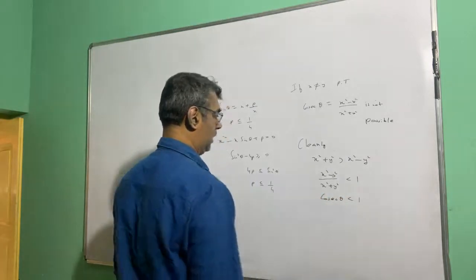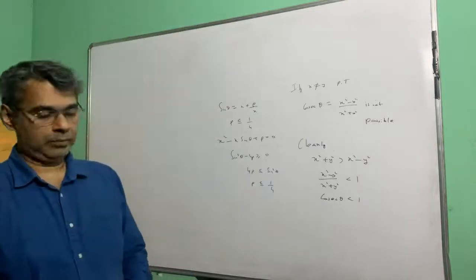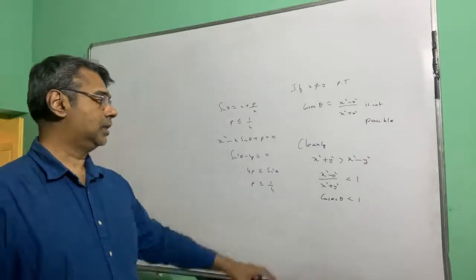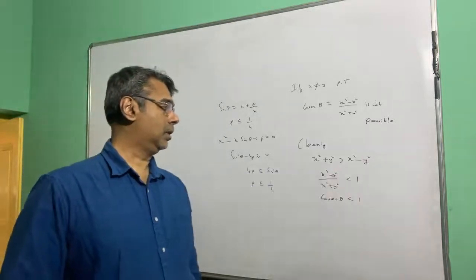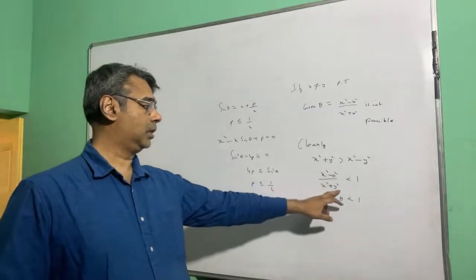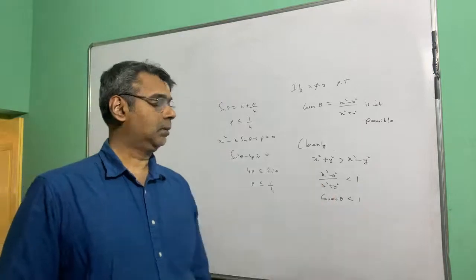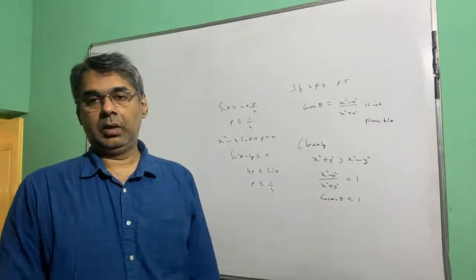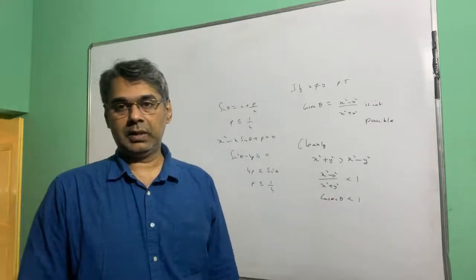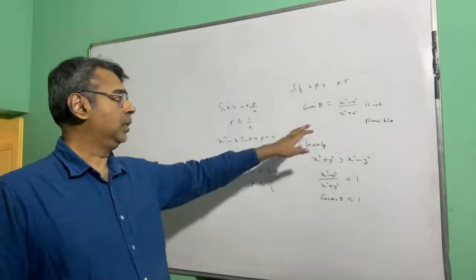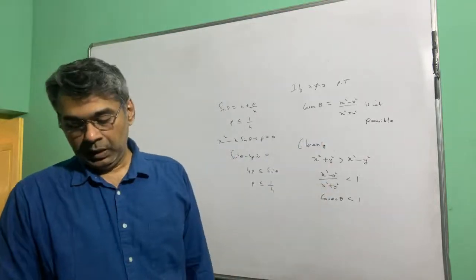So cosecθ will be less than 1. But that is contradictory to the range of cosecθ. So that means this is not possible.